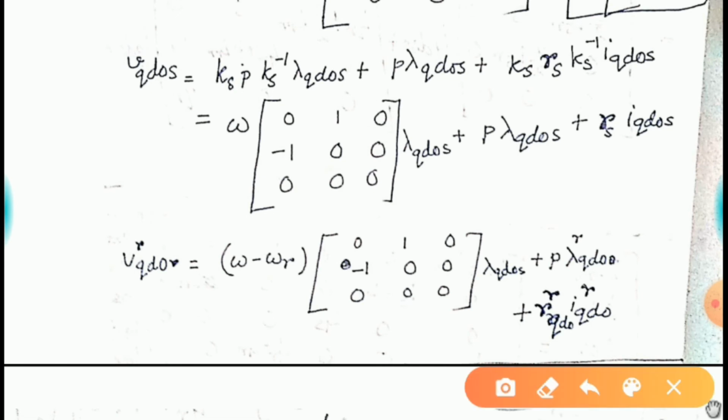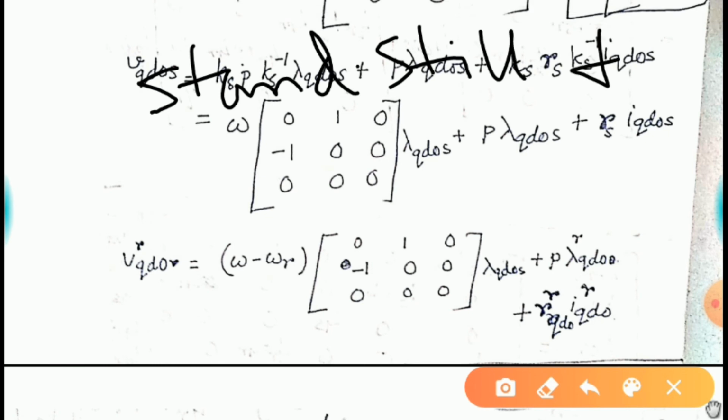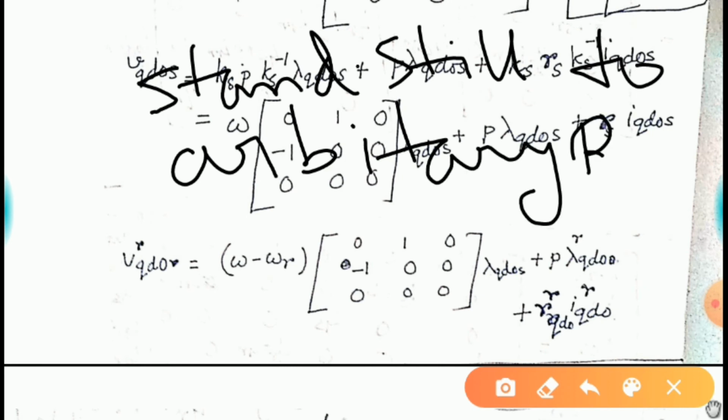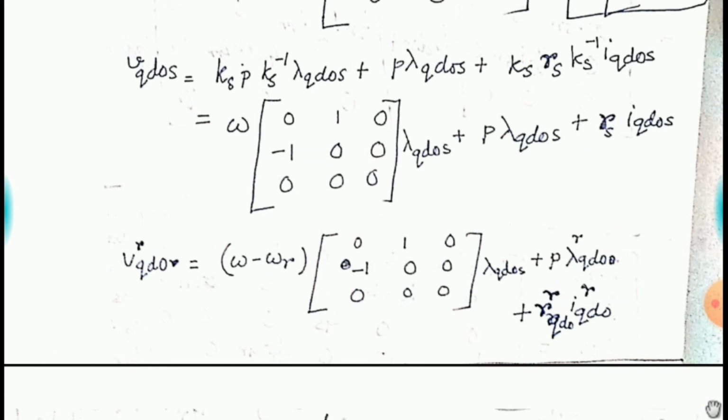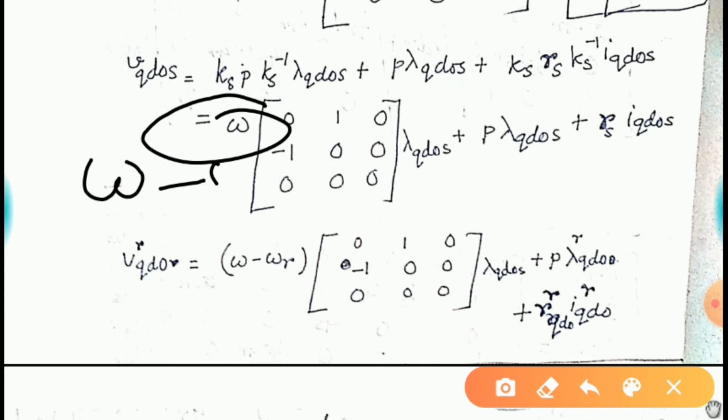So when you transform from standstill to an arbitrary reference frame whose speed is omega, then here it would be like omega minus 0, because this is your stator physical speed, or stator winding speed in space.